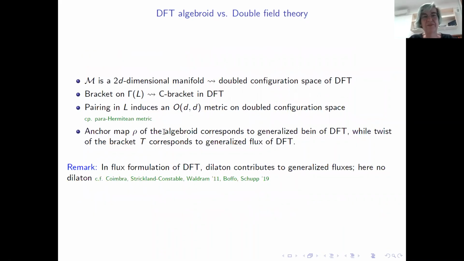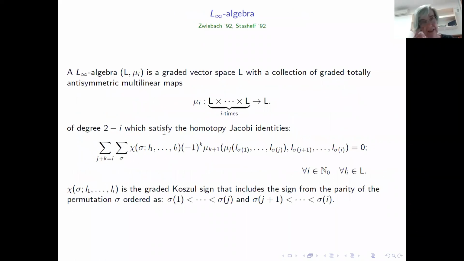Okay, so this is the relation of our abstract mathematical definition and geometric data of the DFT algebroid with double field theory. The next ingredient I need is the L-infinity algebra.